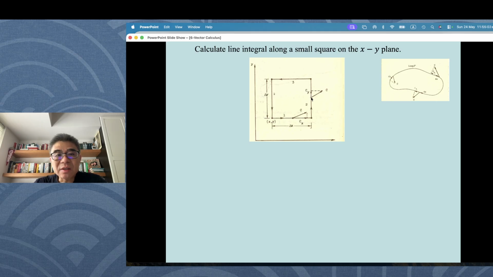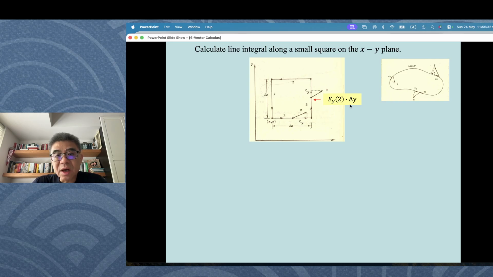Anyway, on this diagram, I calculate the line integral of the electric field along every section, every path. For section 2, because it is moving along the y-axis, it is the inner product of ds and E, therefore it will pick out the y component of the electric field along the second section.